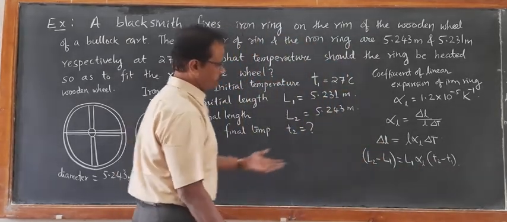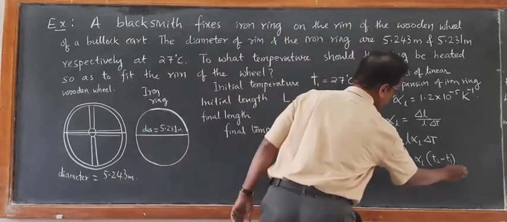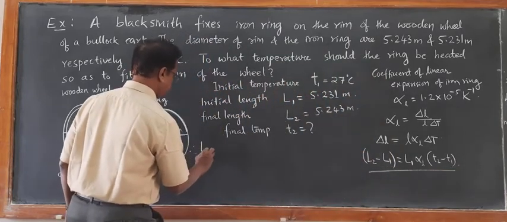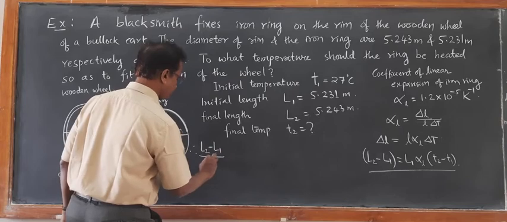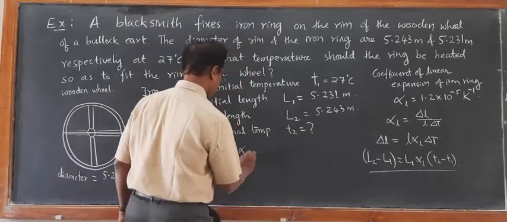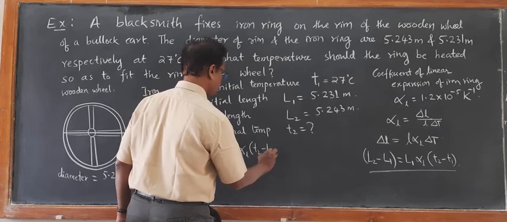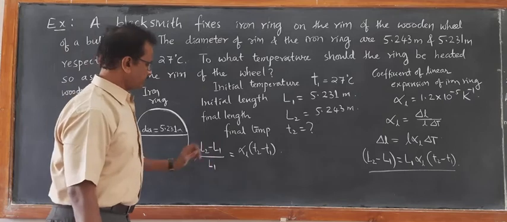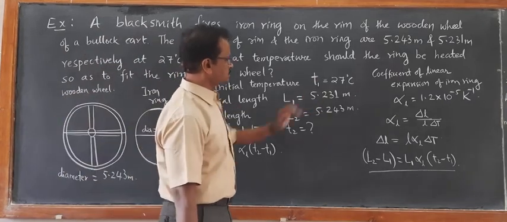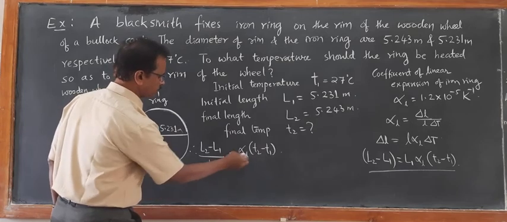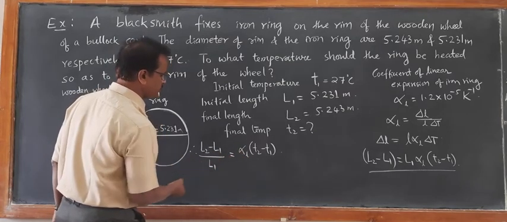Therefore, I can write the same equation as L2 minus L1 by L1 is equal to alpha L into T2 minus T1. We can take alpha L to the left hand side.